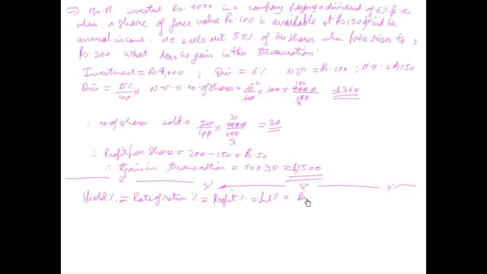It's given by dividend upon investment times 100. As a formula relating dividend and profit percent, dividend percent into nominal value is equal to profit percent into market value. Remember that. That's a relation that exists between both of them. Let's see a few sums based on that.